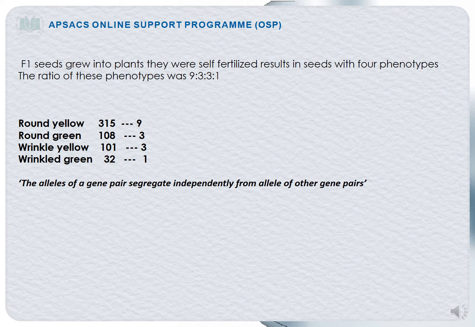It means that when individuals differing in 2 or more pairs of contrasting traits are crossed, the inheritance of one pair is not affected by the presence of the other pair. Each gene pair will assort independently of the other.